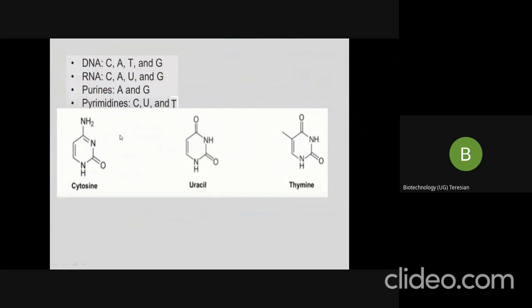So if you look into the slide, look at the structure, cytosine, uracil and thymine are your pyrimidines. And uracil is an analog to thymine in RNA. Okay, see in the RNA, you do not find thymine. Instead of thymine, we have the uracil.